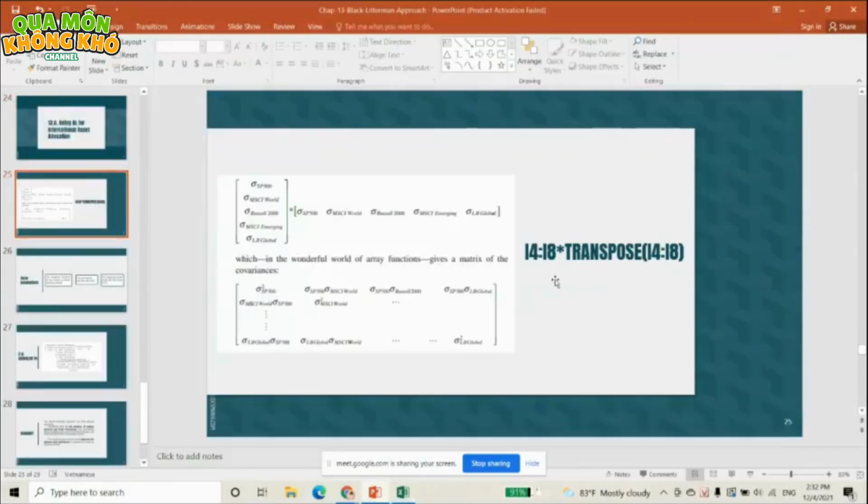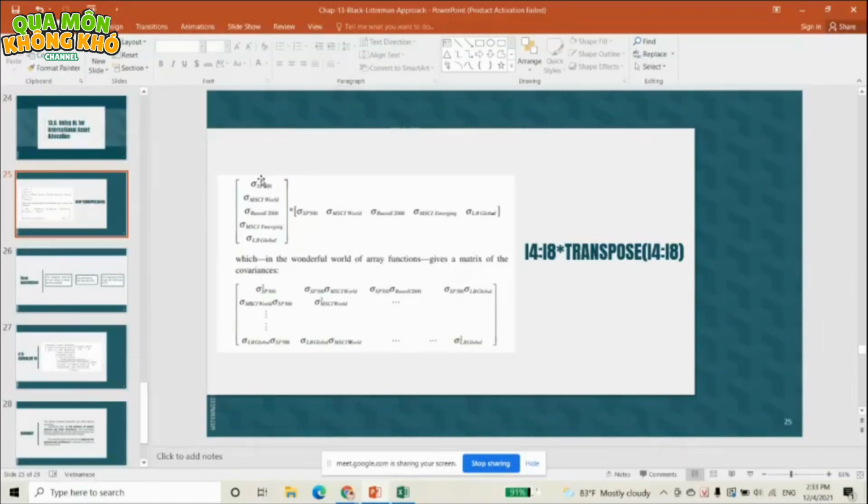First, part 1 multiplies the column vector I4 to I8 times its transpose. It is equivalent to this matrix. We take the standard deviation of S&P 500 and multiply it with the standard deviation of S&P 500. We have the variance of S&P 500.